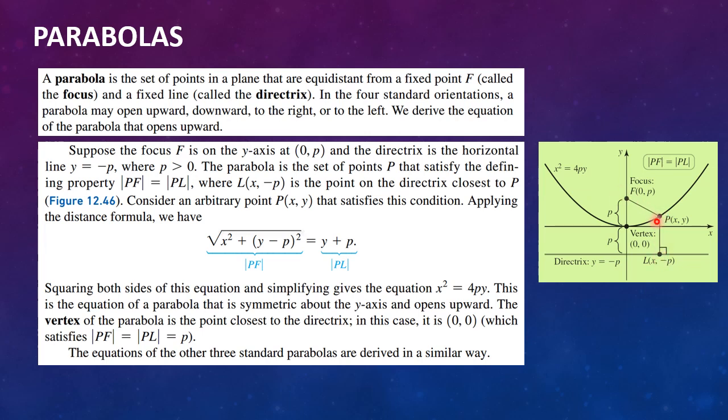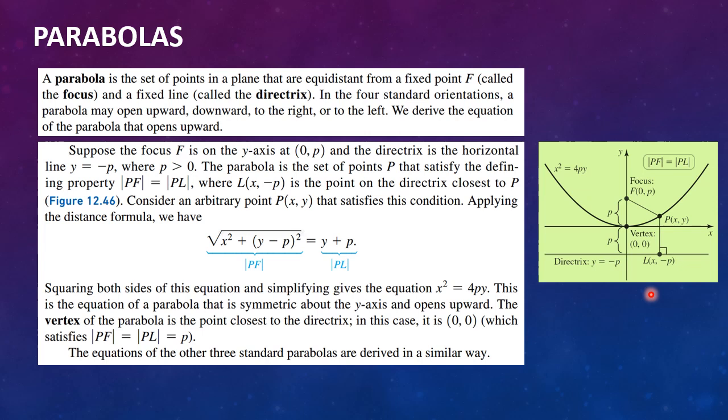So PF has to equal PL, the distances here that you can see in the diagram to the right. Where L, (x, negative p), is the point on the directrix closest to P.